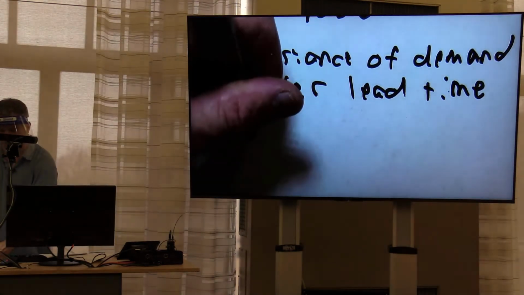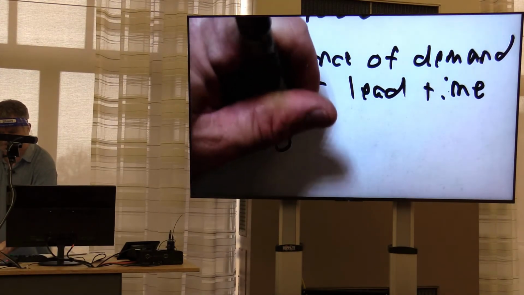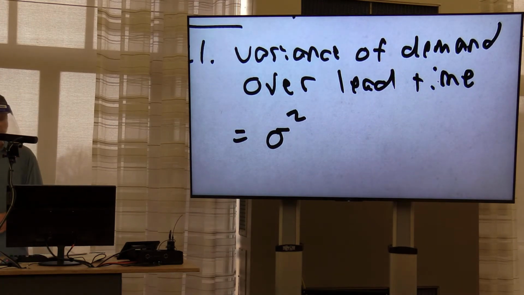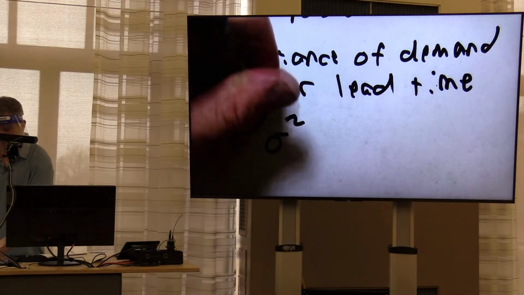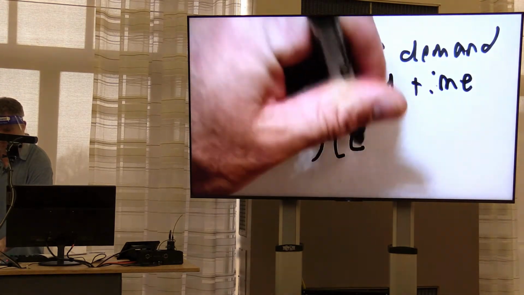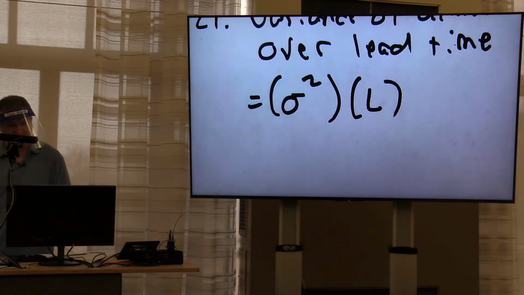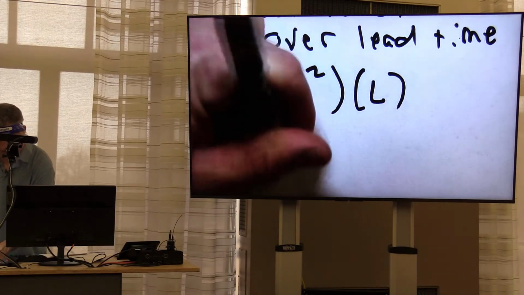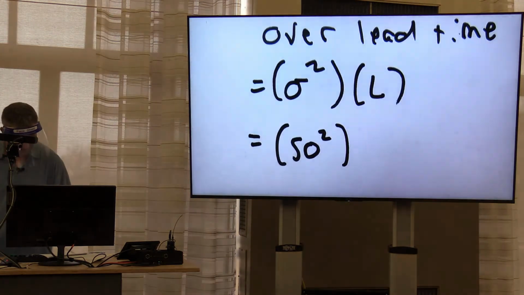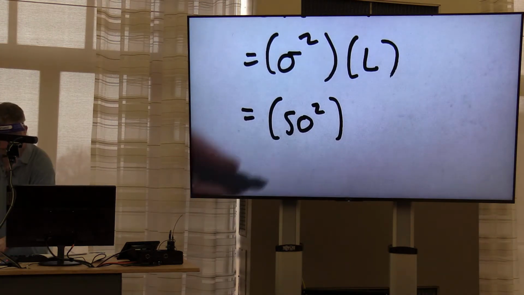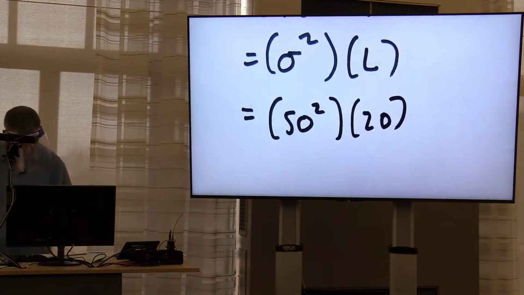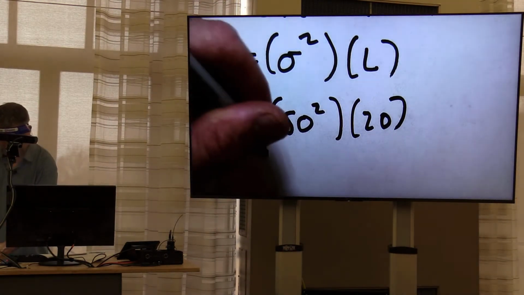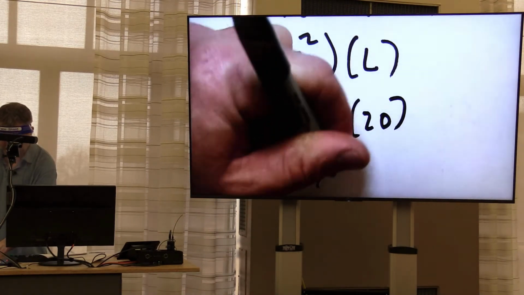Well, I have to give you what the variance is, or in some assignments you calculate the variance from a spreadsheet. And it's just the variance times the number of days that lead time is. And in here, I tell you that the variance is 50 squared, and lead time is 20 days. So the variance is 50,000.